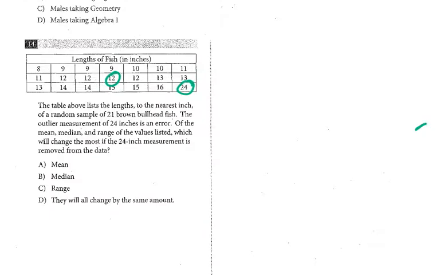For number 14, we are looking for which will change the most if the 24-inch measurement is removed from the data. So we need to figure out 24 inches. We count this in. Then what's the mean, median, and range? The median won't change if we remove that 24 measurement from this data.